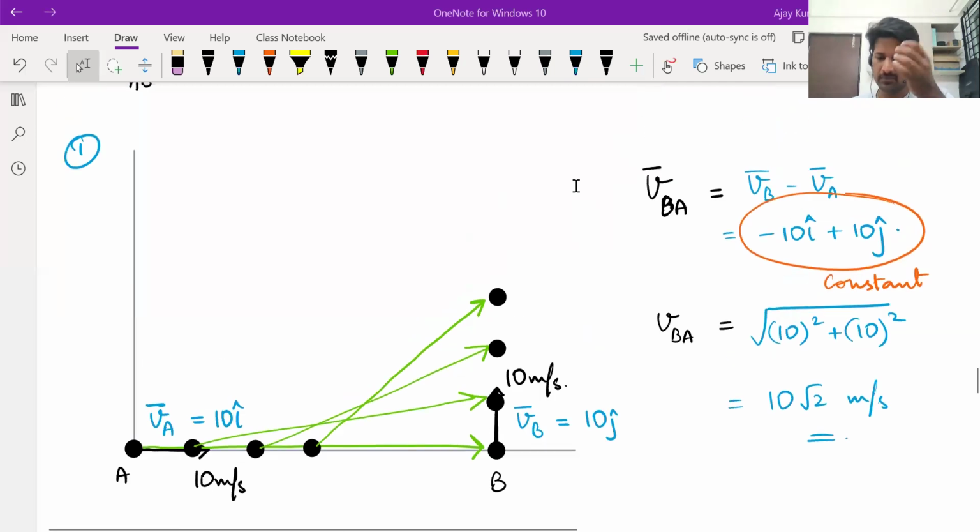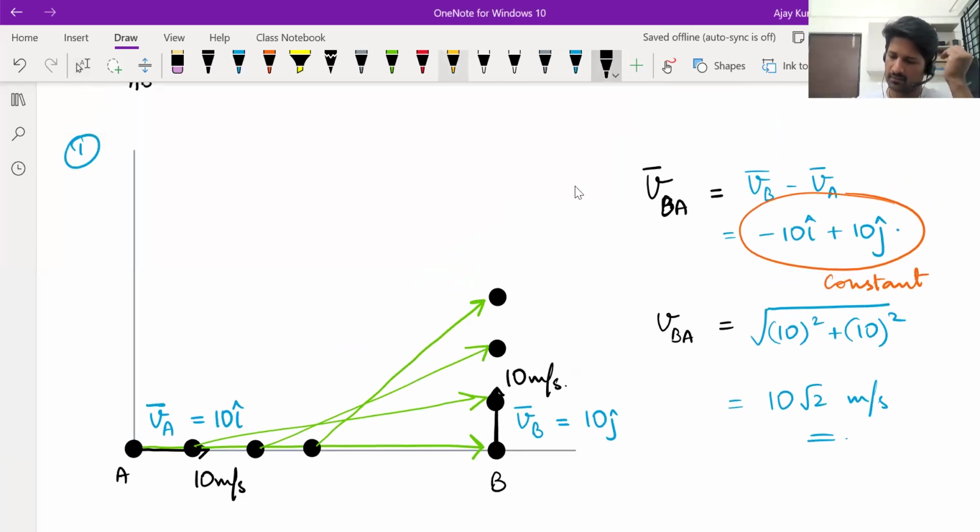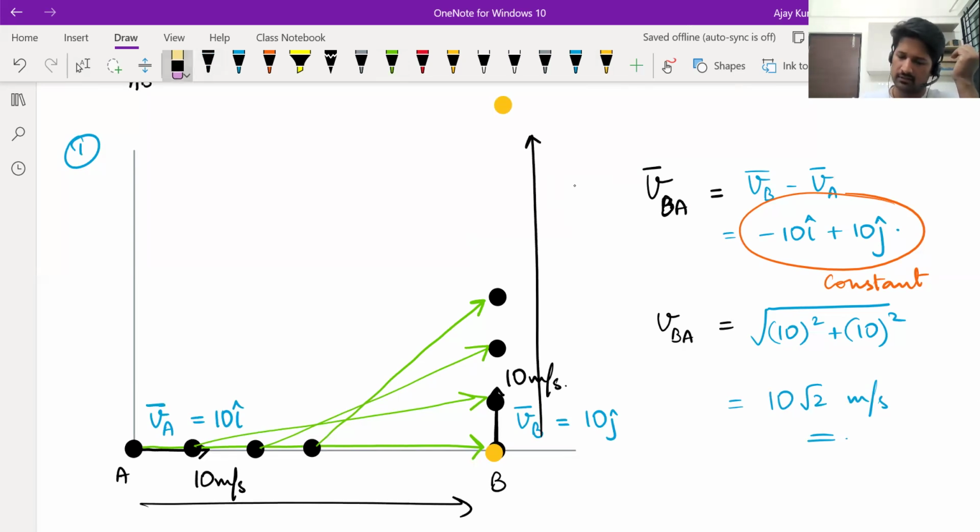Okay. After some time, A will cross that initial position of B, you are saying. Okay. Let's say, I'll mark them in yellow. Let's say A gets here, and by that time B is somewhere here. Obviously, they are moving with the same speeds. So whatever distance A covers, the same distance B will also cover in a given amount of time.